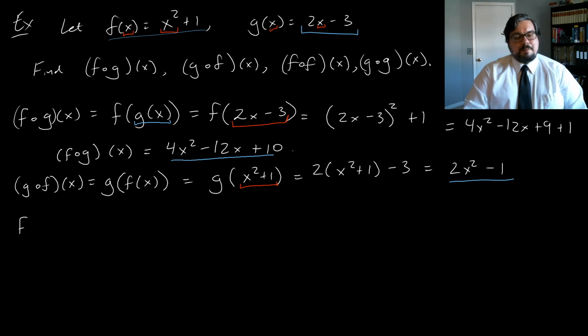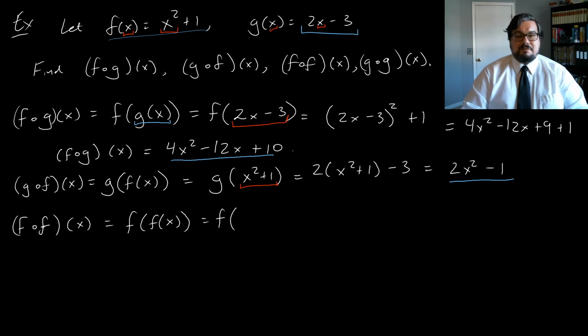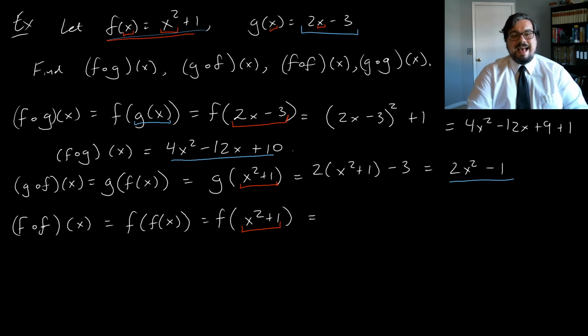All right, let's see what happens if I take f and compose it with itself. F composed with f of x. Really, nothing's too different when you're applying a composition of a function with itself. We are going to get f of f of x. We know f of x is x squared plus 1. And now we're going to be plugging the expression x squared plus 1 into the function f in place of the x.